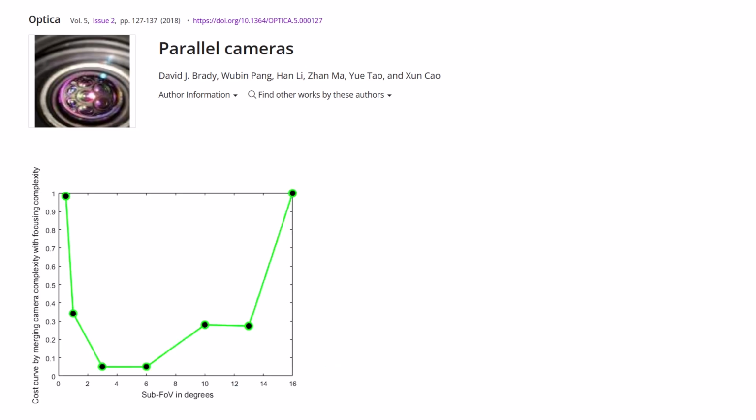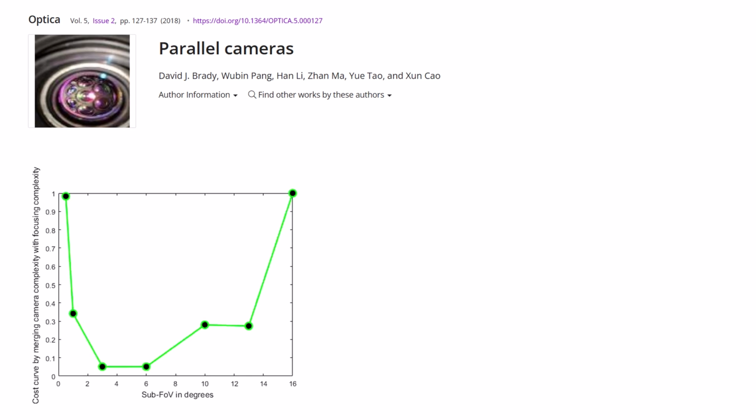So the central goal of lens design is not necessarily to get wide field of view, but to get the size, weight, and power of the system minimized, and especially the cost per pixel minimized in order to hit the resolution target that you have, and then you could use parallel processing to recover the field of view.